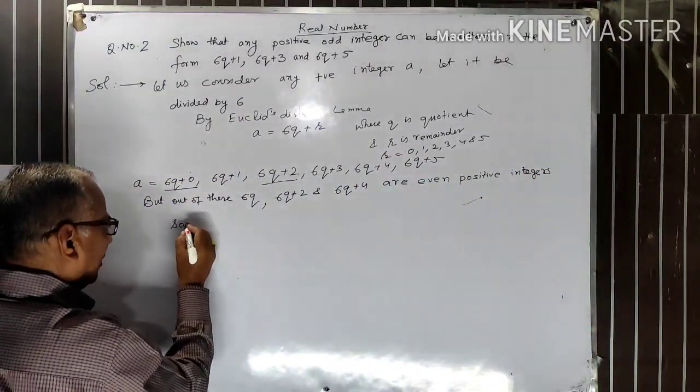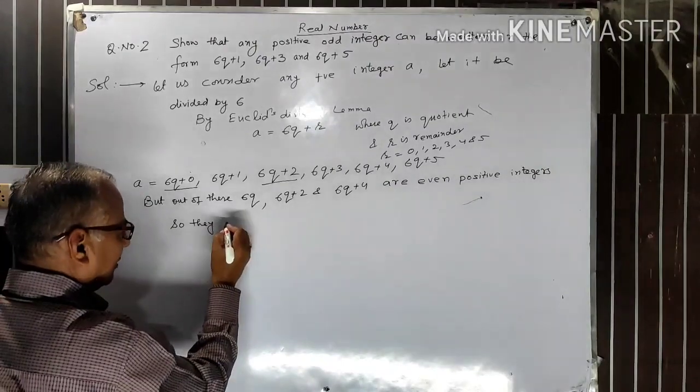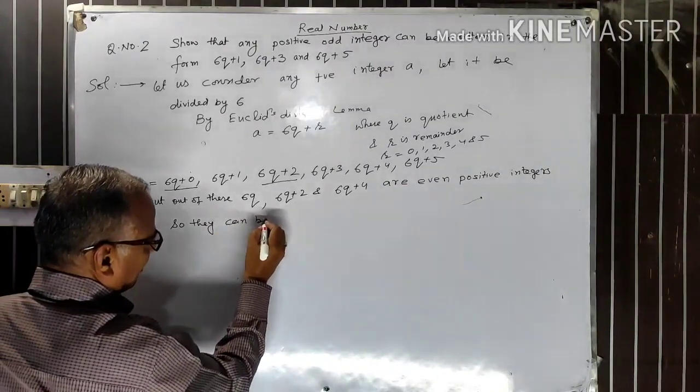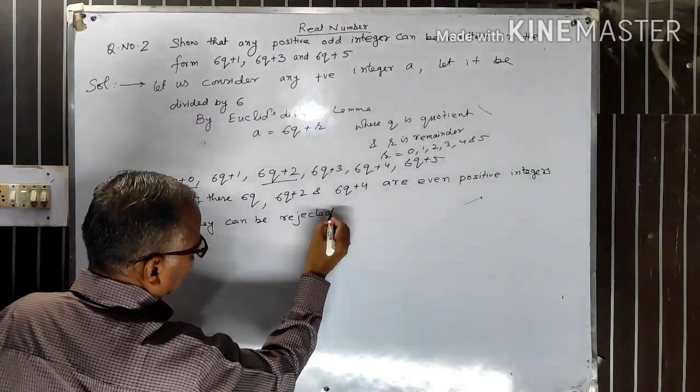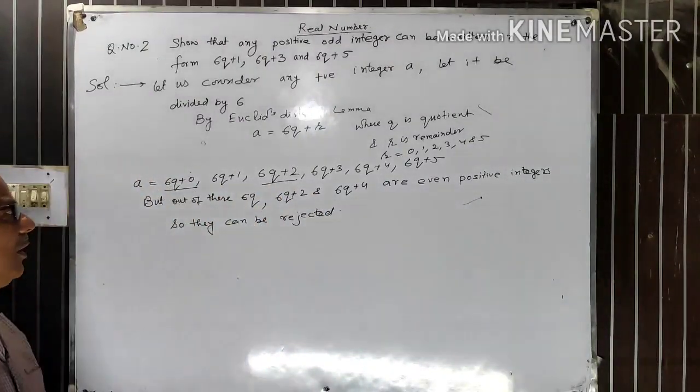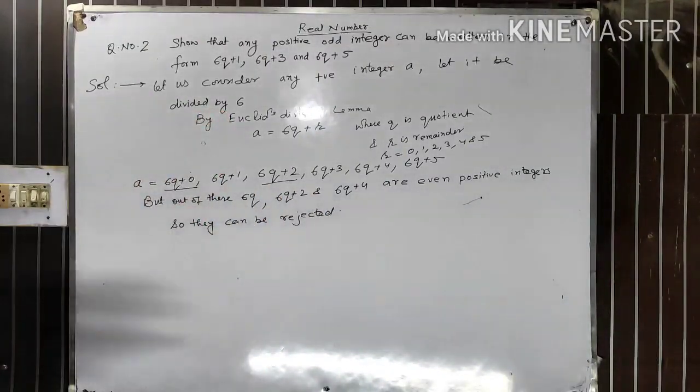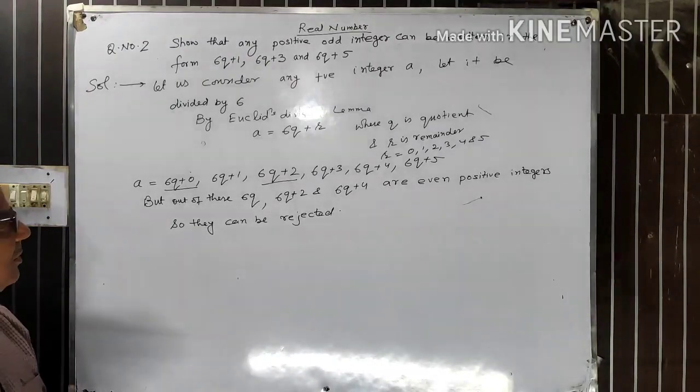So they can be rejected because we are required only odd positive integers.